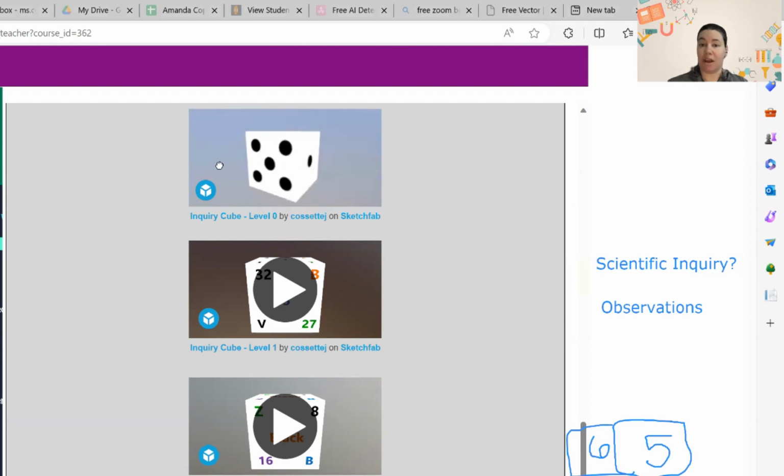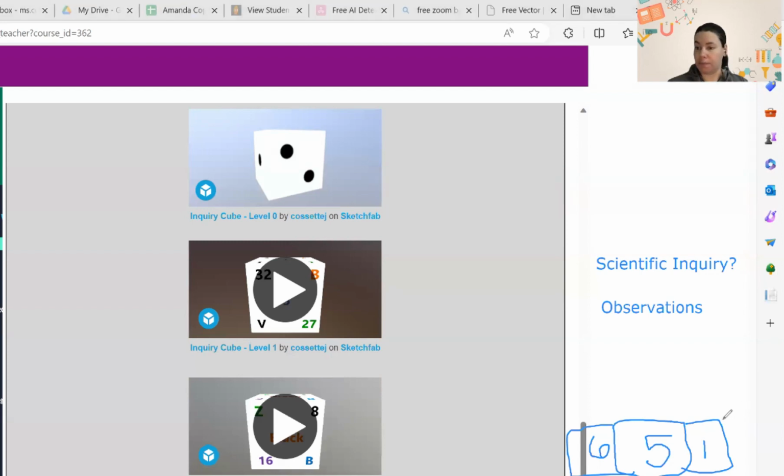Just because I'm running out of room on that side, I'm going to move to the right. It doesn't really matter what order, I'm just going to make my observations. What do I see? Okay, and then I've got a 2. You're just going to pretend those are sides of a cube with my drawing skills. So I got a 6, a 5, a 1, and a 2.